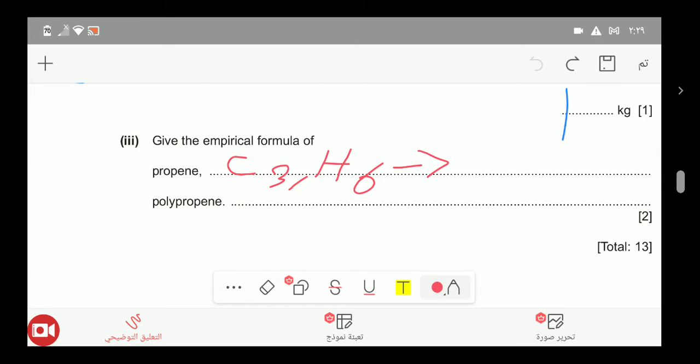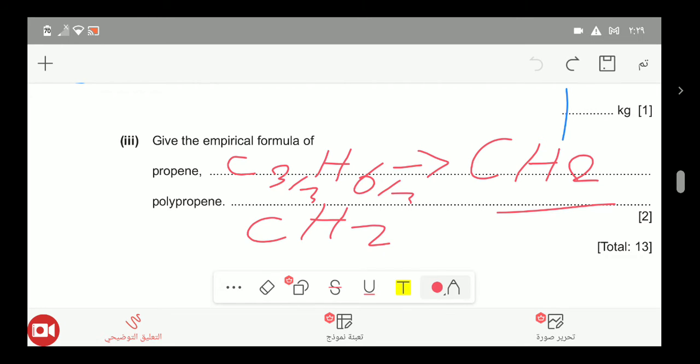So by division by 3, we will have C1, where the 1 will not be written, and H2. Polypropene will also have the same formula, CH2.